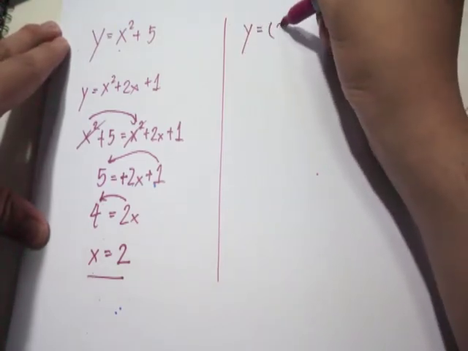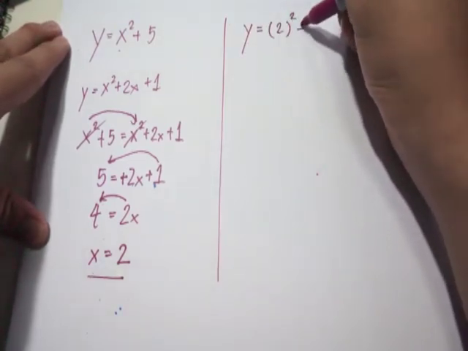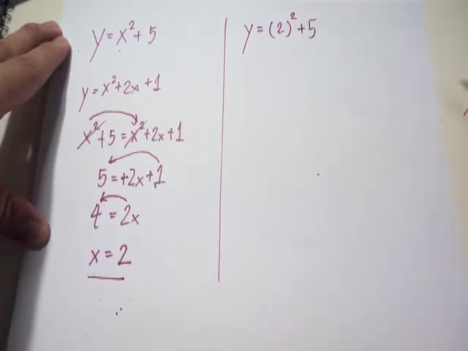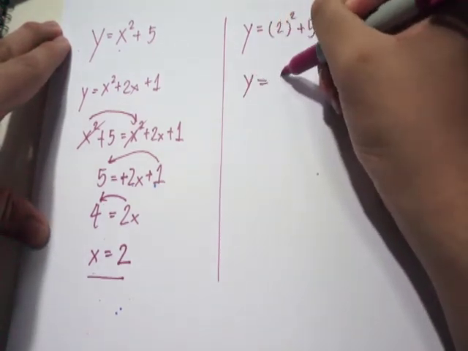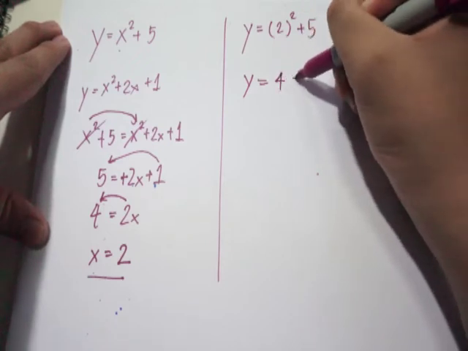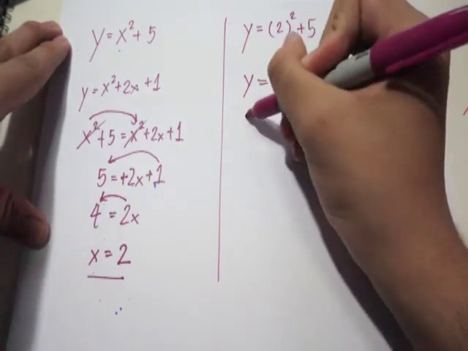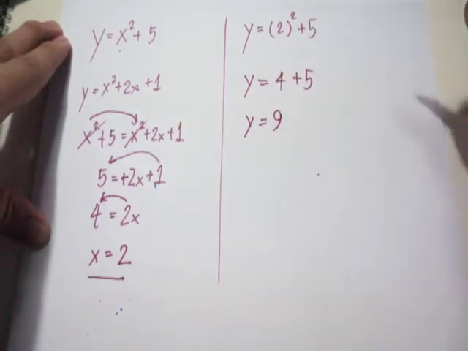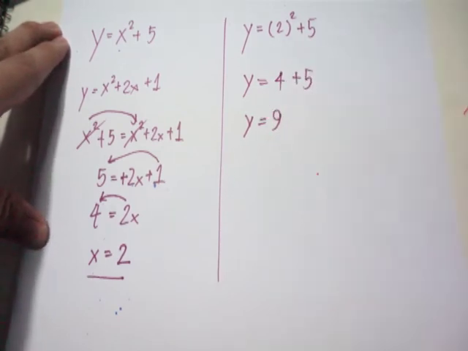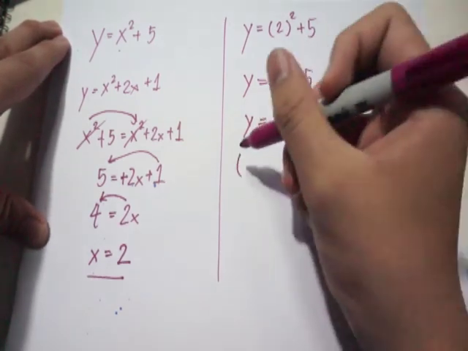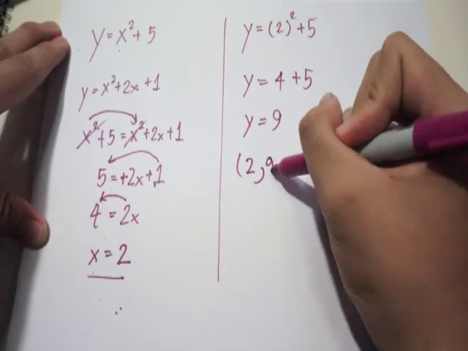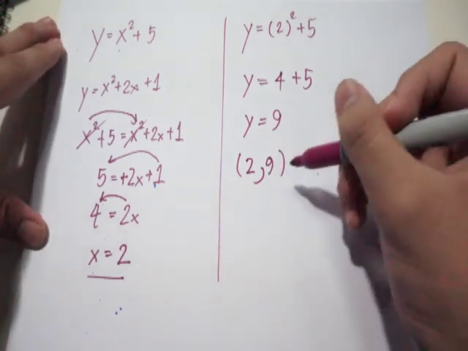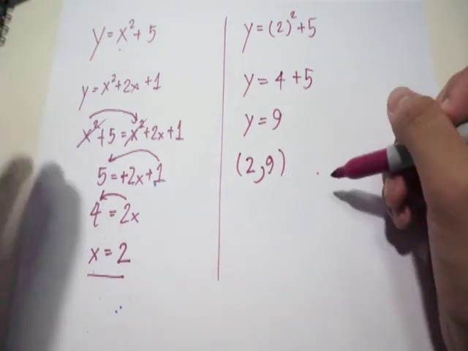We will have 2 squared plus 5, and then we'll proceed: 2 squared is 4, plus 5, y equals 9. Now we have the coordinate of the point where the two parabolas meet, which is 2 and 9.